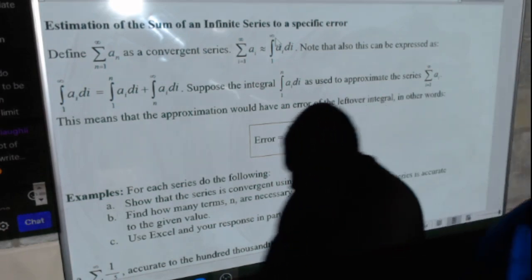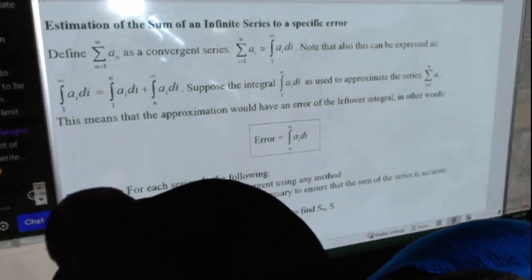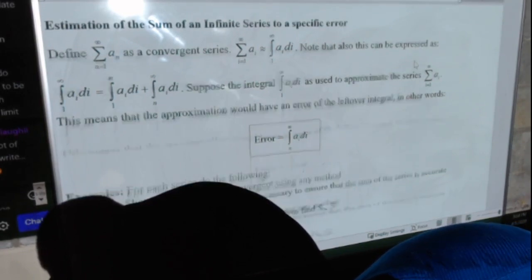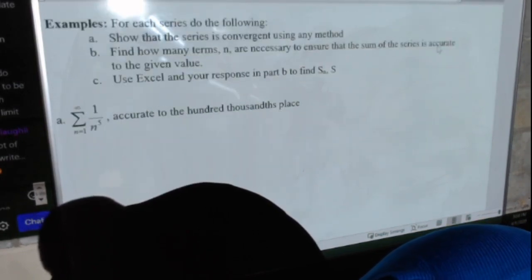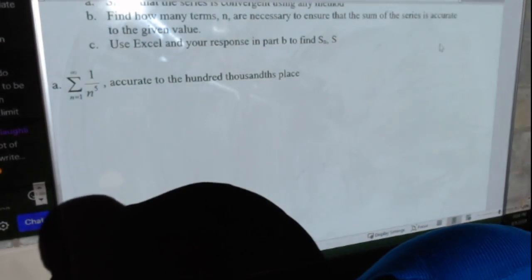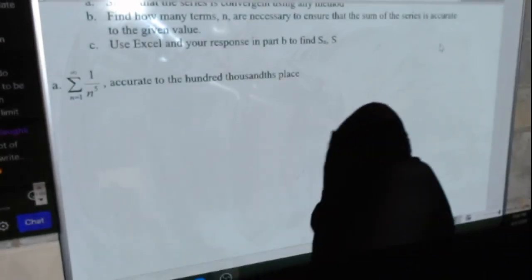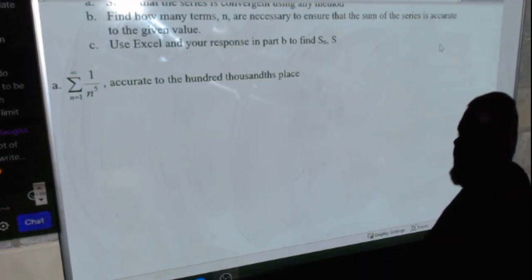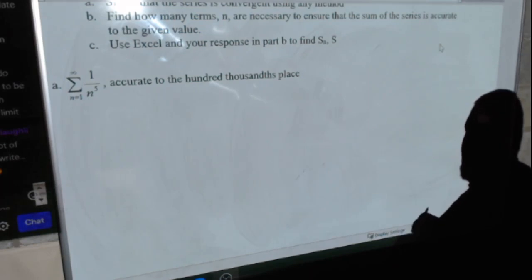So let's take a look at this guy. My mouse will move the page. All right. So first, I have to show that this converges.